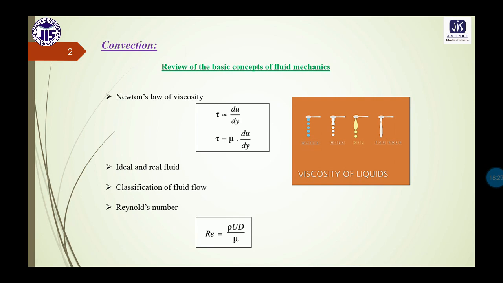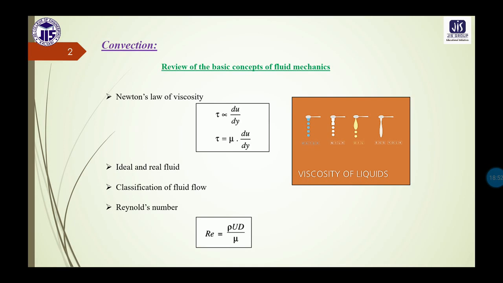Now when a fluid is flowing over a flat surface, it is seen that when the value of the Reynolds number is less than 3.2 into 10 to the power 5, it is the lower critical Reynolds number, and below this value the fluid flow is of laminar nature.